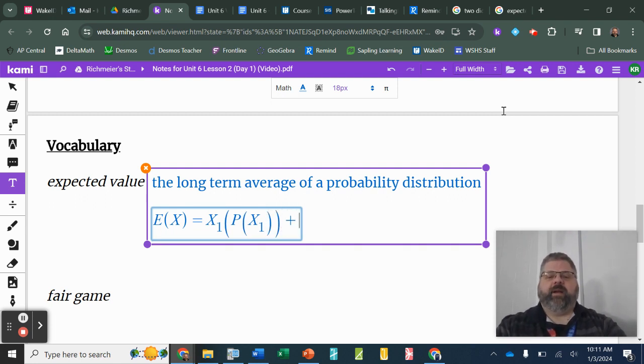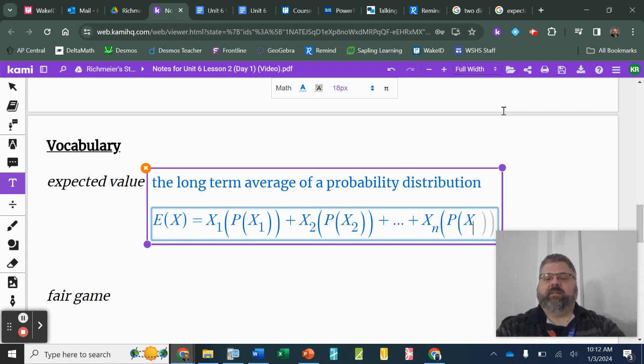And then I'm going to add to that x sub 2 times the probability of x sub 2. And I'm going to keep doing this until I run out of probabilities. So I'm going to say x sub n, for instance, times the probability of x sub n.